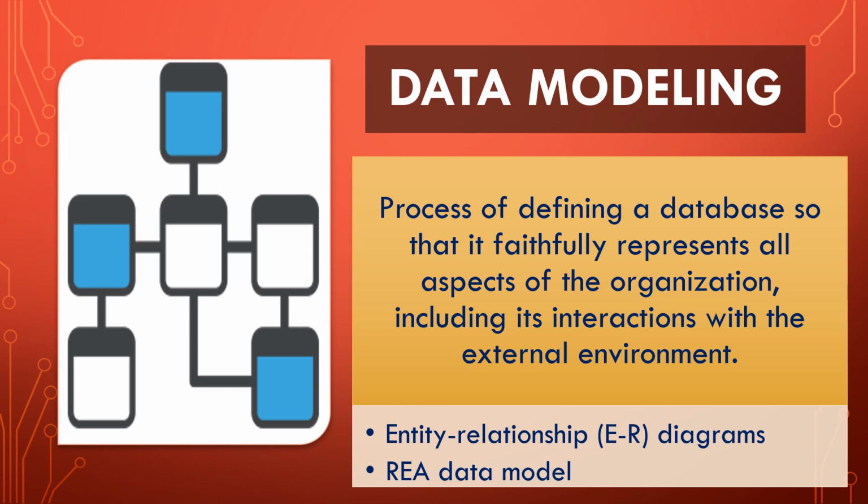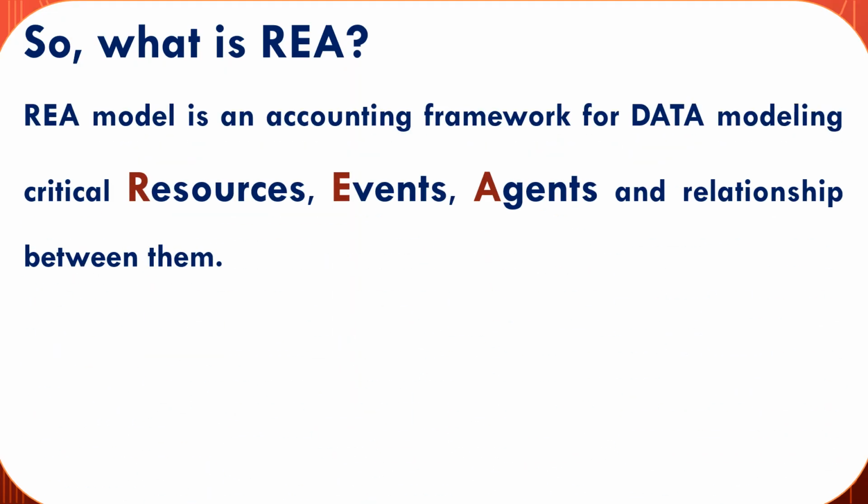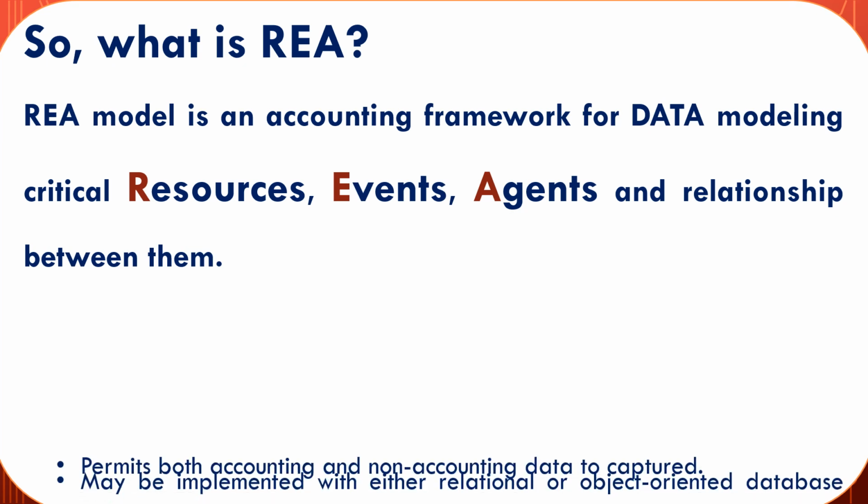REA is mainly focused on accounting and information transactions because it considers the interaction between resources, events, and agents. So what is REA? The REA model is an accounting framework for data modeling critical resources, events, agents, and the relationships between them.